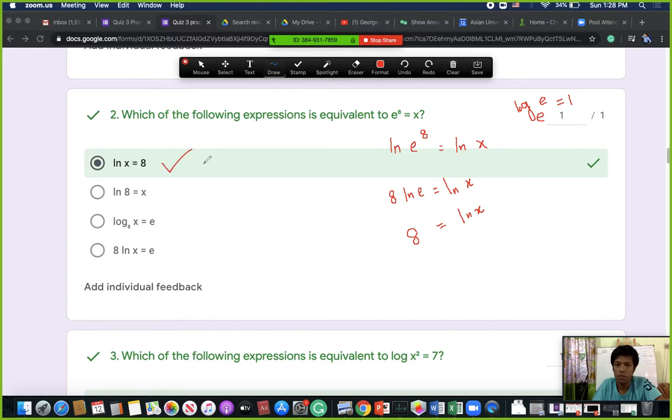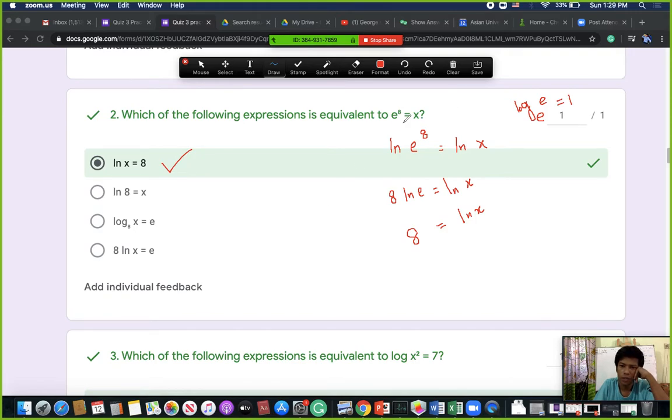That means the first one is correct. The other one is ln 8 equal to x. As you can see, mathematics follows these rules, which is why we get this result.